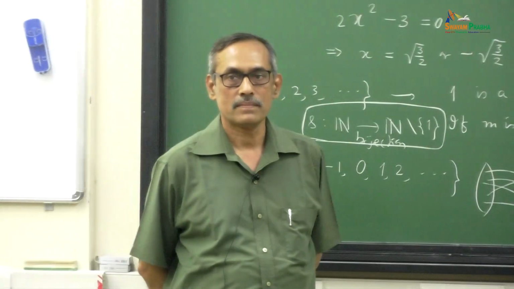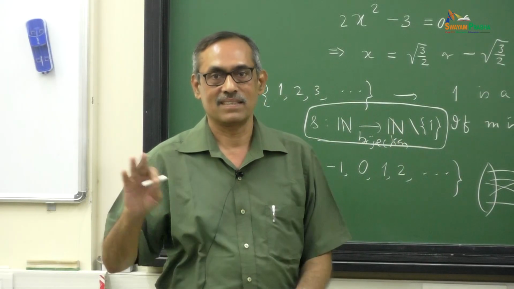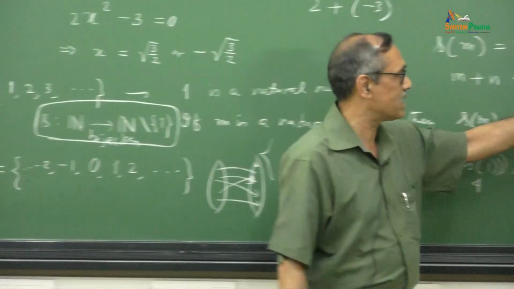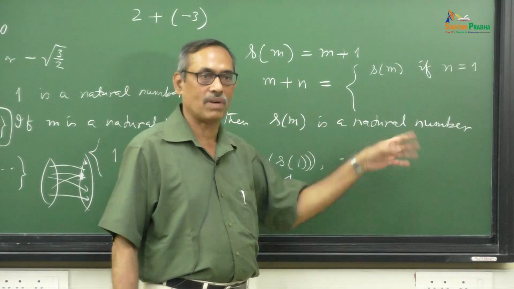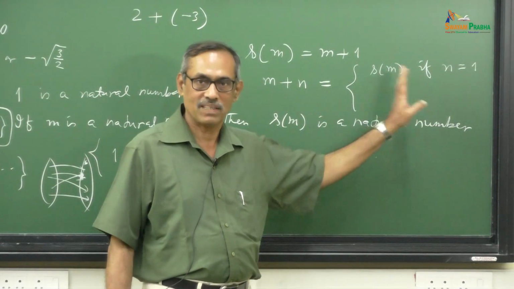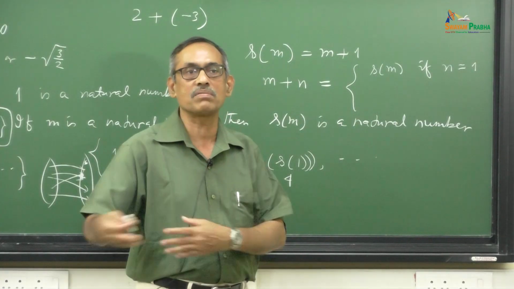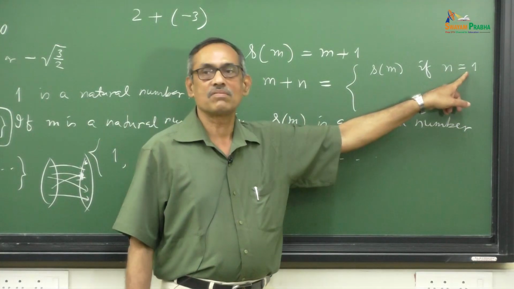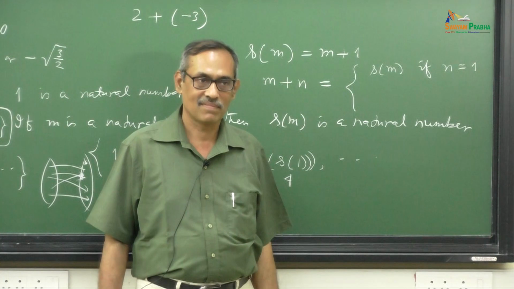Okay? This is the first case, because that is what is in our mind. So, we will say m plus n equals S of m if n equals 1. So, m plus 1 is that. We have just defined it, so we will write it here. What is the next thing we have to do? From this we have to generate others, right? So, if n is not equal to 1, then n equals S of something, right?